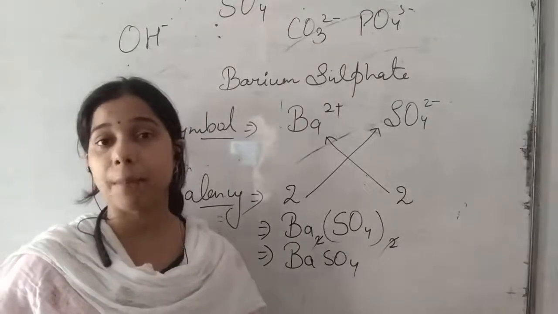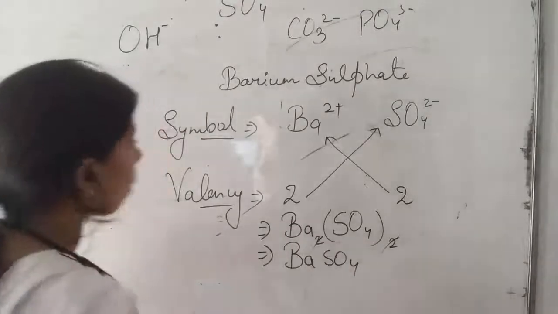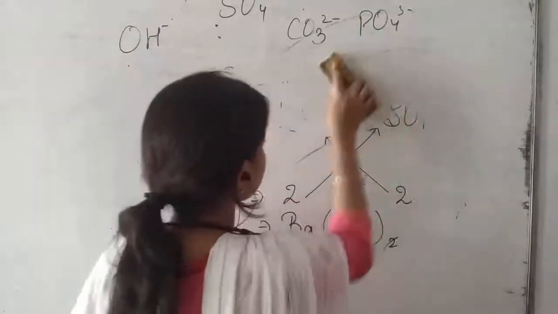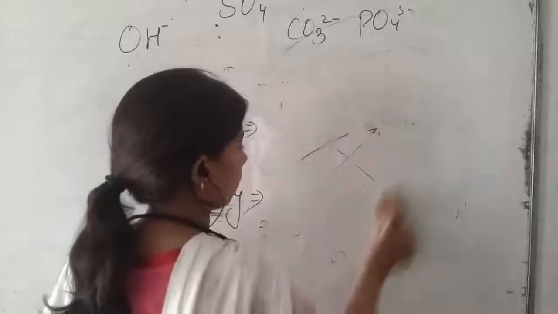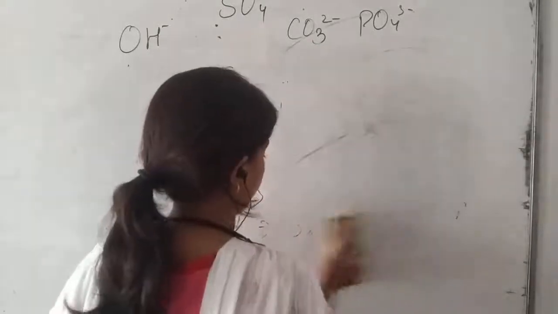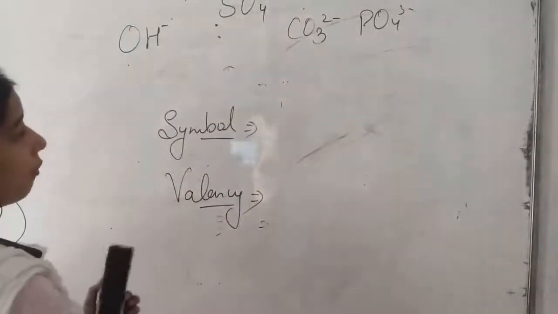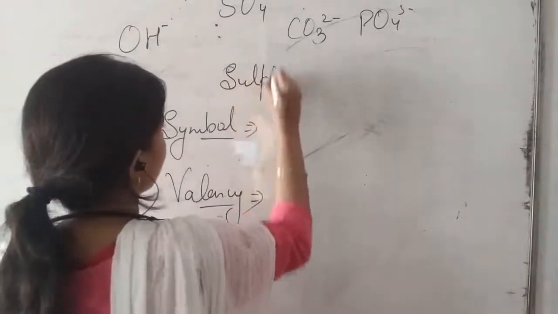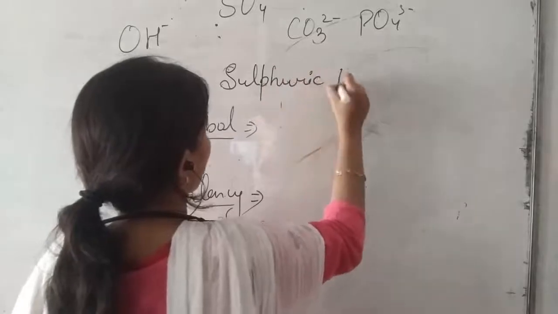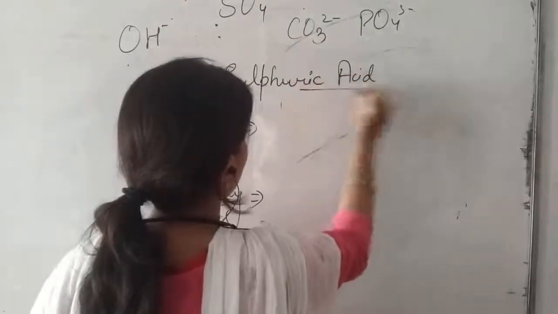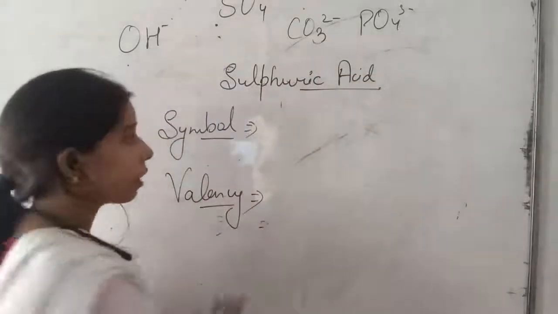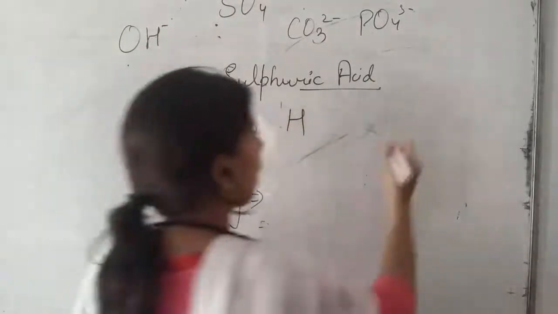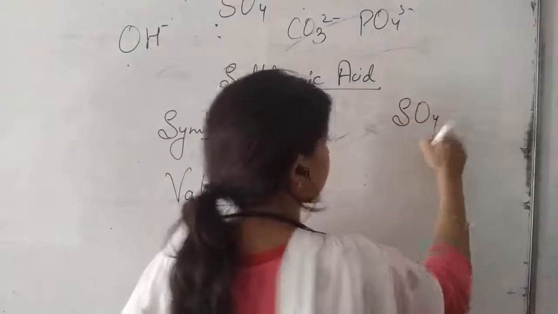You can take an example of sulfuric acid, which is very common to us, students. So in case of sulfuric acid, hydrogen is present and sulfate is present.